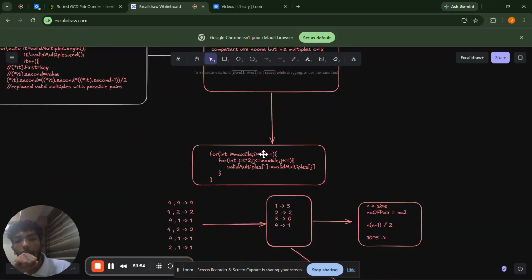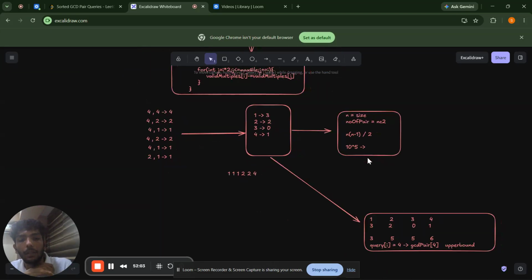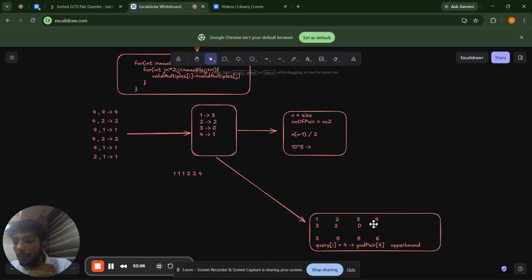And then we try to find out the count of pairs for which a particular factor is a definite GCD. And from then we try to create a prefix array in which we keep a count of how many pairs have GCD less than or equal to the current GCD. Okay, and for the query, we find out the upper bound, which is implemented using binary search.